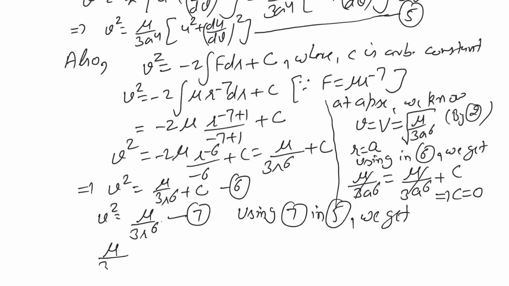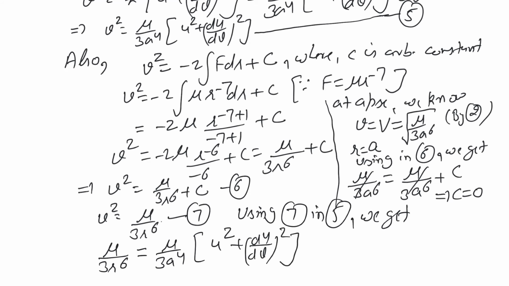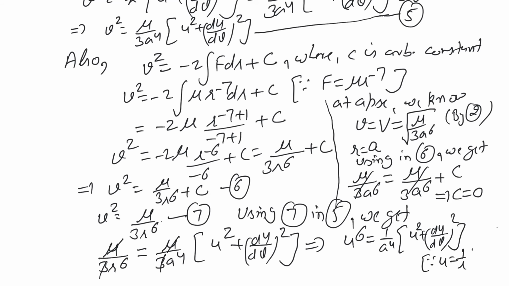This is mu by 3 r^6 is equal to mu by 3 a^4 (u square plus (du/d theta) whole square). Okay, now cancel out, 3 to 3 cancel, mu cancel, and 1 by r is u. This implies that u^6 is equal to 1 by a^4 (u square plus (du/d theta) whole square), because u is equal to 1 by r.